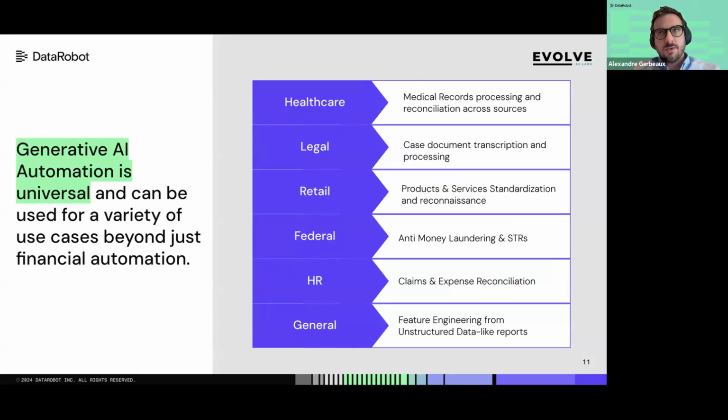What's interesting is the use case that Abdul is going to share with you is applicable to healthcare and HR as well, where they also have a challenge of reconciling records across different sources. Another common use case pattern is extracting information from unstructured data into structured data. We see that in legal when they are trying to find clauses across a lot of different documents, and it's very hard to manually review them one by one. So generative AI is a very good tool to address this.